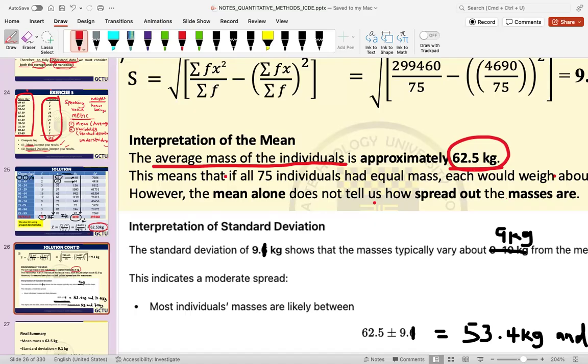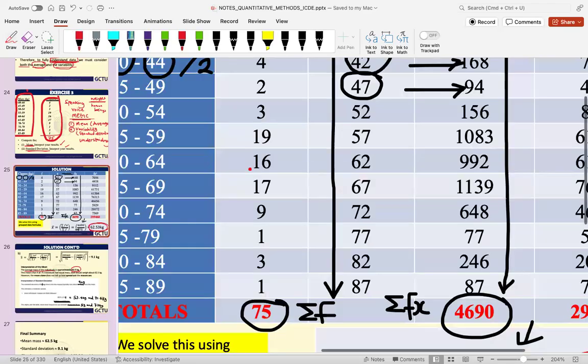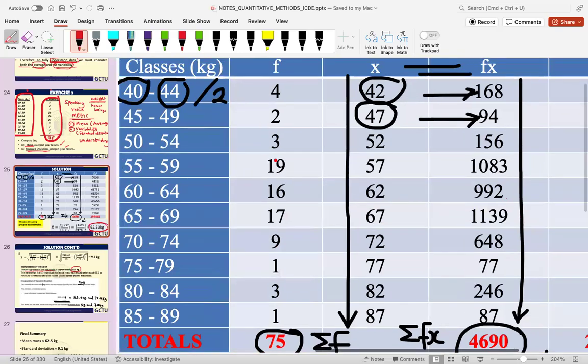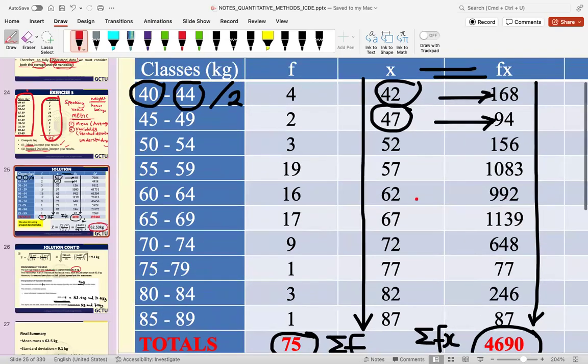That is the average for all the 75. But the question is, is it true that all the 75 are weighing 62.53? No.